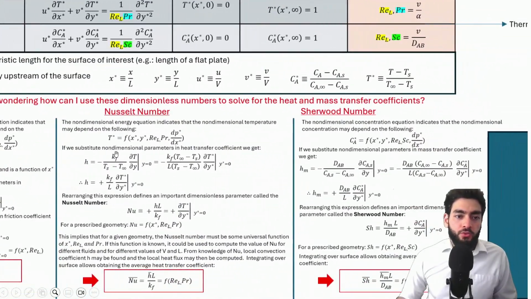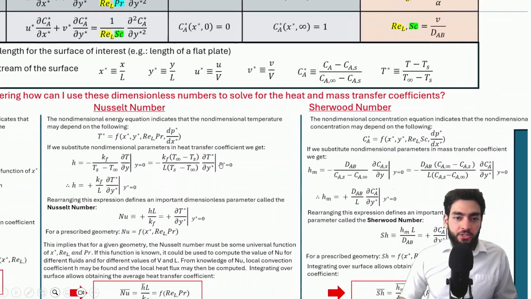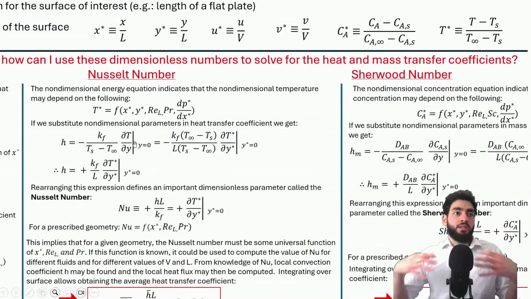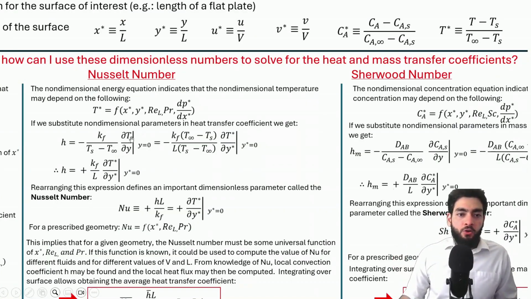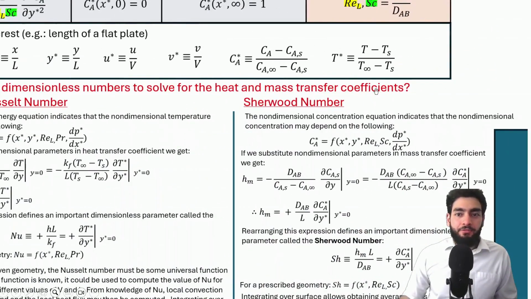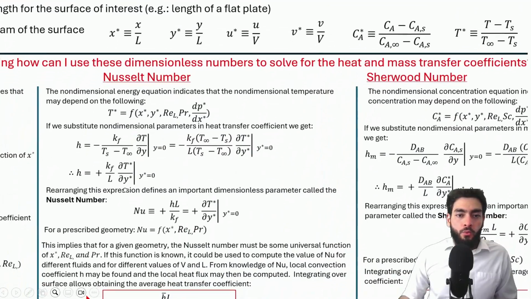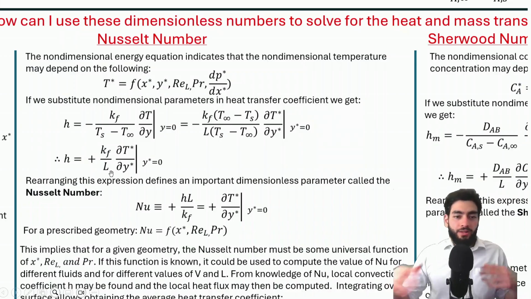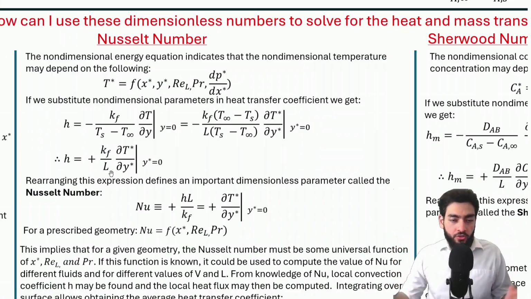So if we substitute the non-dimensional parameters in the heat transfer coefficient, this is the heat transfer coefficient equation that I've derived with you. Now if we non-dimensionalize that using the same definition, then what we essentially get is that the heat transfer coefficient is equal to the thermal conductivity of the fluid over the characteristic length of the flat plate, or of whatever geometry you're using, multiplied by the non-dimensional gradient.